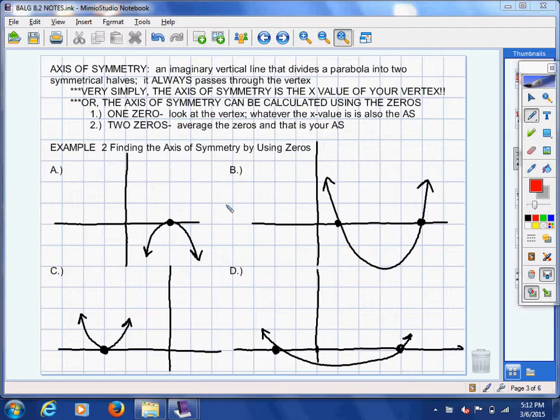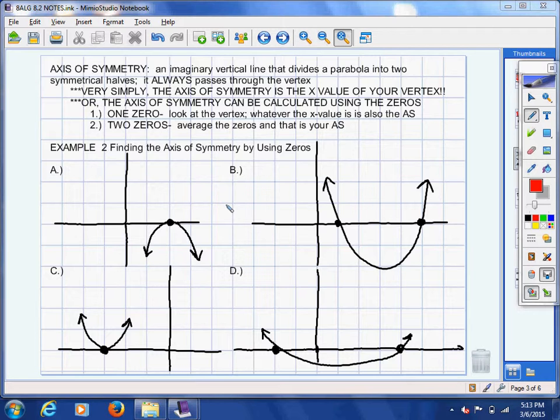So the axis of symmetry, what I want you to imagine is a vertical line that splits your forehead, top of your head, down between your eyes, down your nose, all the way down. That is your axis of symmetry. I could fold myself on that line and my fingers and hands, arms, shoulders would touch, as would my legs, and my feet.